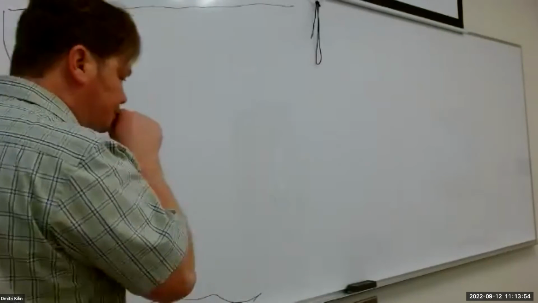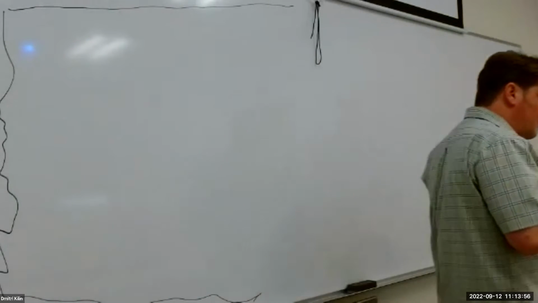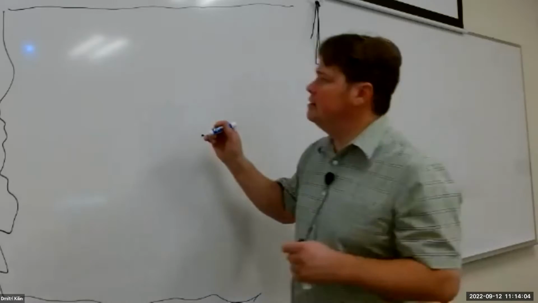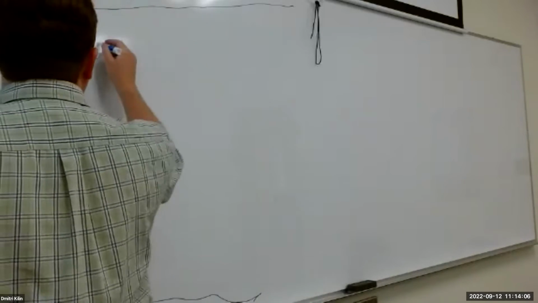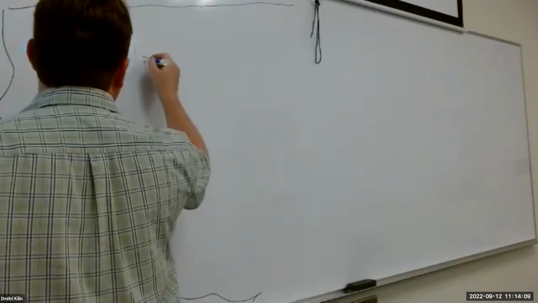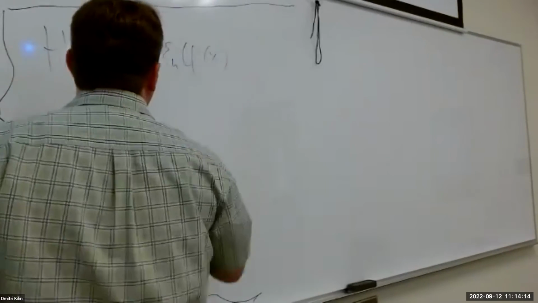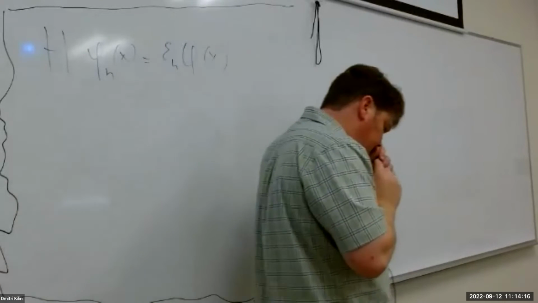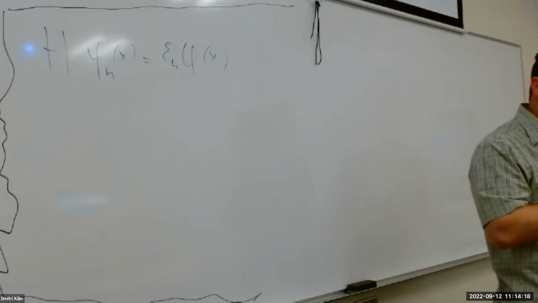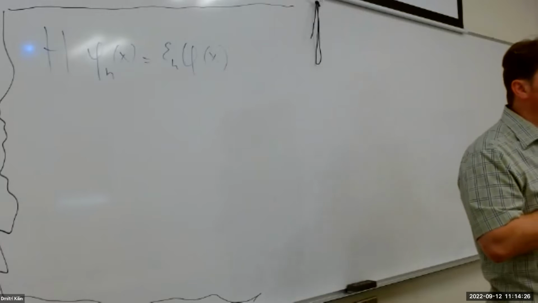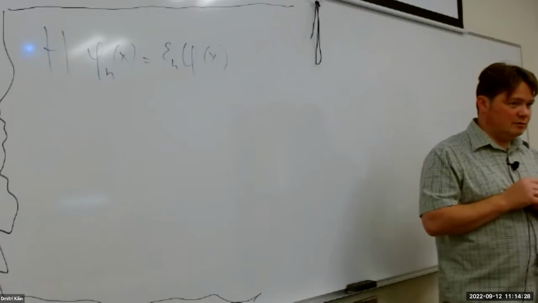Okay, so the main property of the eigenstates of the time-independent Schrödinger equation is that they are orthogonal. What does it mean? Yes, perpendicular in multidimensional space, right?